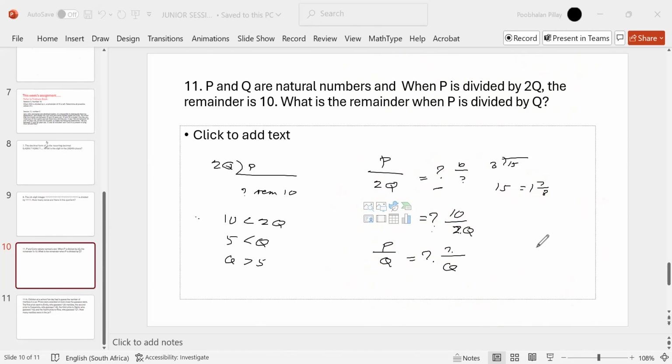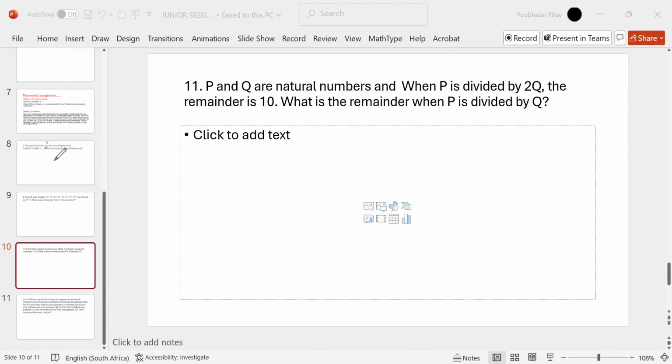Let's try some numbers. I think some piece of information is missing here. Let's look at some numbers where the remainder is 10. I'm going to construct some situations where you got something divided by an even number.